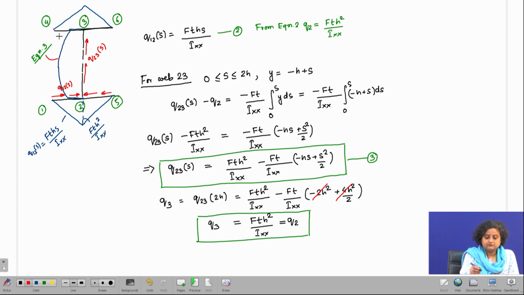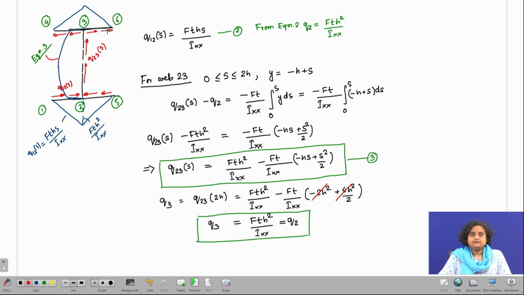The shear flow has to be... so a good exercise would be to evaluate yourself what would be the shear flow in the remaining portion of the cross section and to see whether they follow the symmetricness that I have drawn.